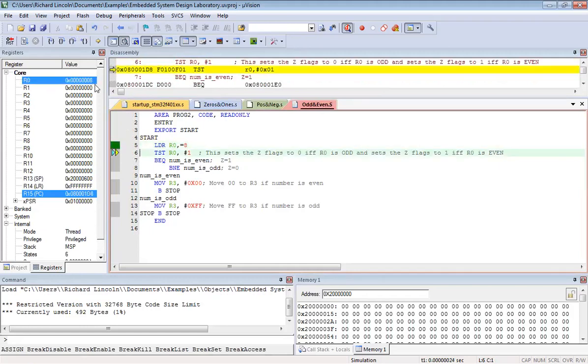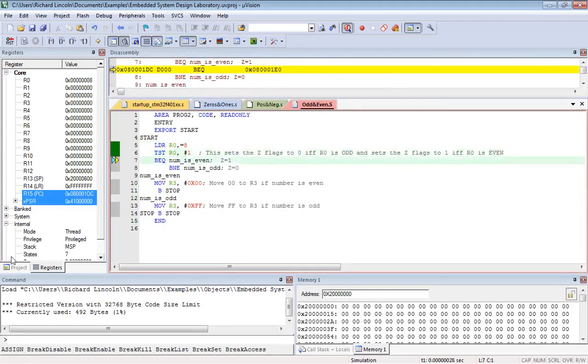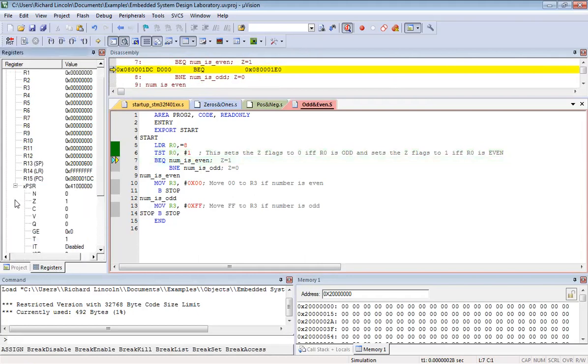So 8 is moved here to R0, and the test is happening. You can see that the zero flag has gone high. Why has it gone high? Because it is 1000, and that is ANDed with 1 at the LSB. So 1 into 0 is 0, so the zero flag goes high.